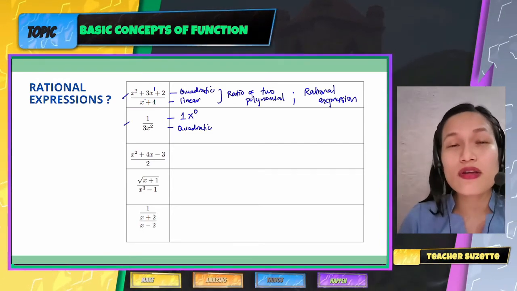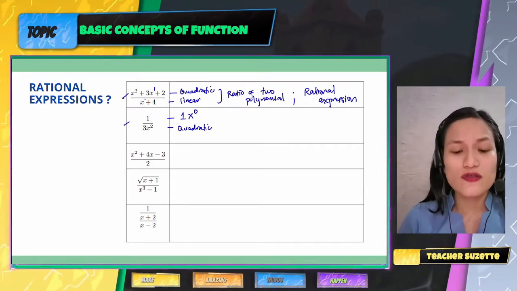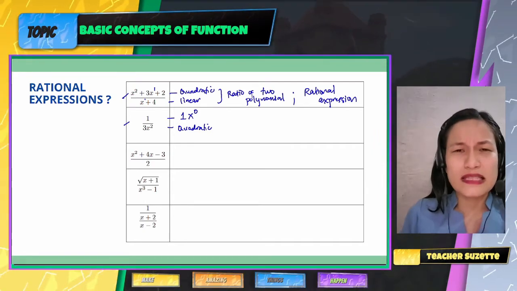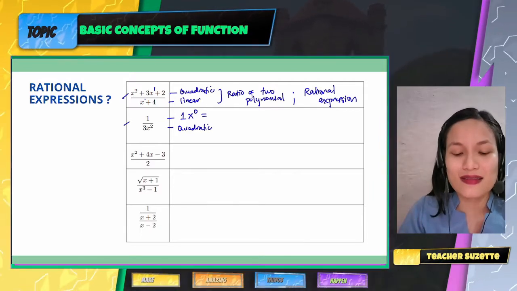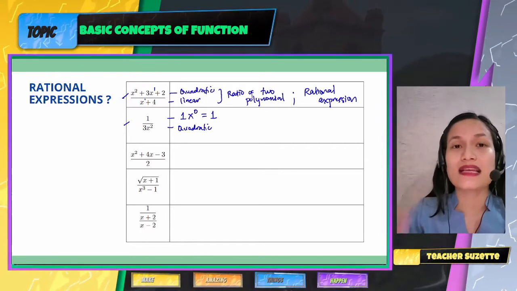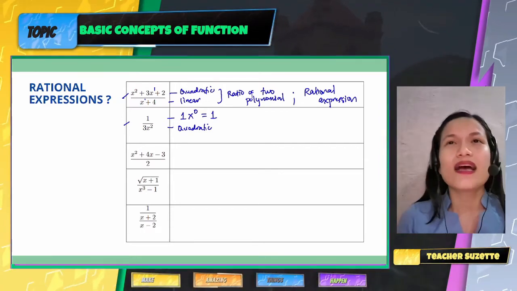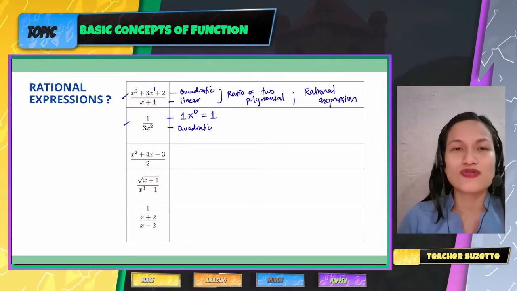And any number raised to 0 is still equal to 1. So therefore, you can simply omit yung 1 doon kasi magiging redundant. Kaya yung mga constant terms sa polynomials, laging tandaan na meron naman pong katabi na x raised to 0, which is also equal to 1.